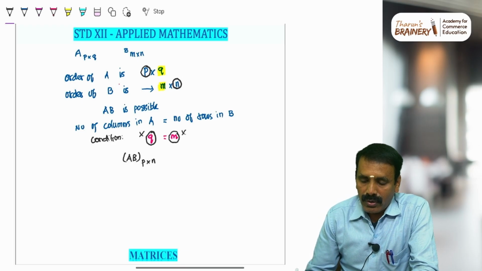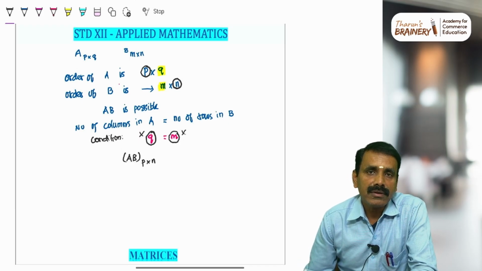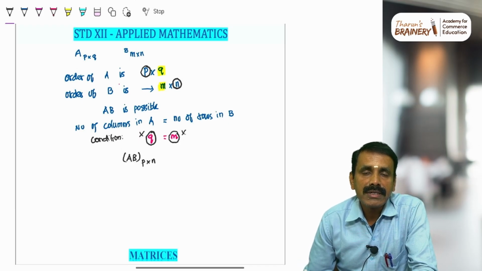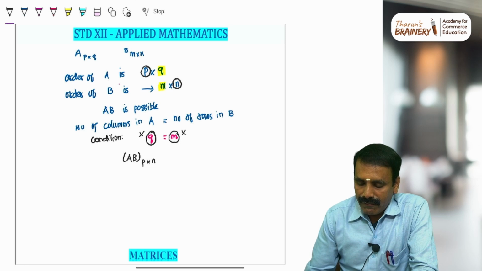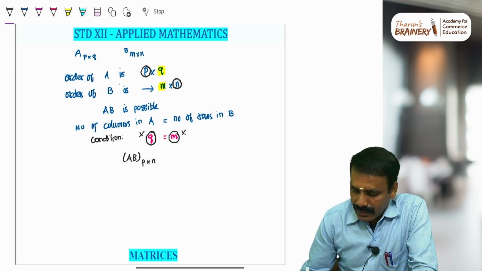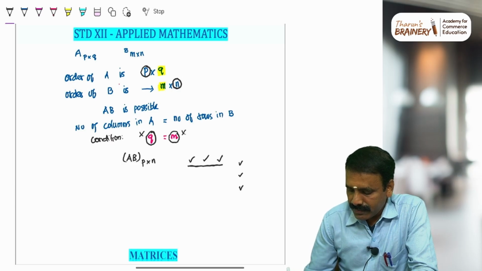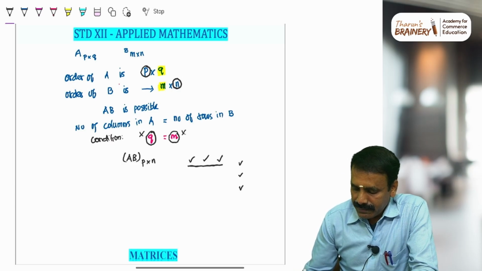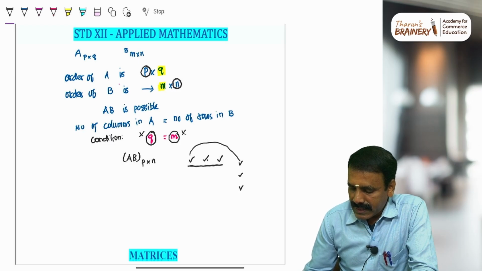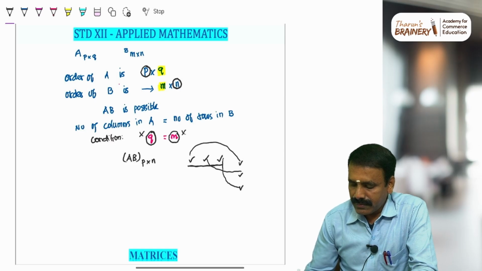Now, how to multiply? What is the process of multiplication to find the entries of the resultant matrix? We have to multiply the elements. Suppose you have three elements in the first row, then definitely we must have three elements in the first column. We must multiply the first element with the first element, second element with the second element, and third element with the third element.